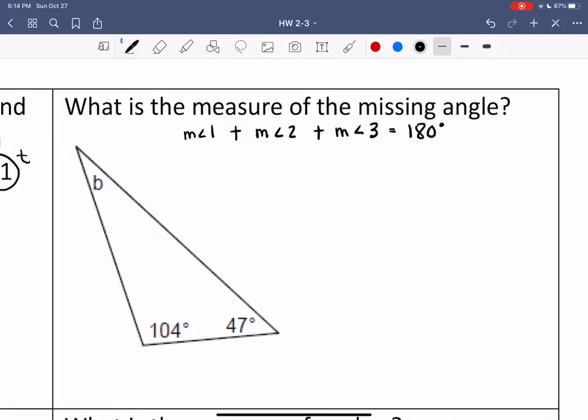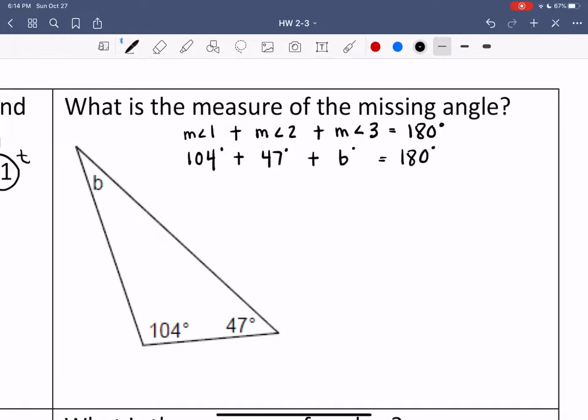So, since a triangle has 3 angles, if you get it, tri, like a tricycle, and then angles, so 3 angles, we take the angles that we know and we can substitute them accordingly. So we have 104 degrees plus 47 degrees plus B degrees equals 180.